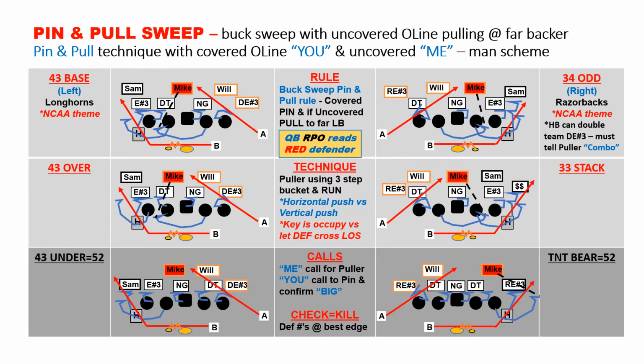If we look at the upper left-hand corner against that 4-3 base, we're saying that the guard is the best uncovered because the left tackle has great angles, so the H and the tackle come down and pin, and now the guard is going to pull wide to the Sam.